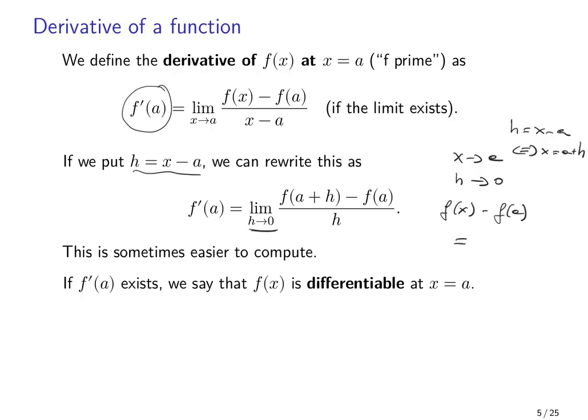So f of x becomes f of a plus h minus f of a. That's what you have here on top. And then you divide by x minus a, so you divide by h. That definition is completely equivalent to the one that we've seen before, but sometimes it is easier to compute.